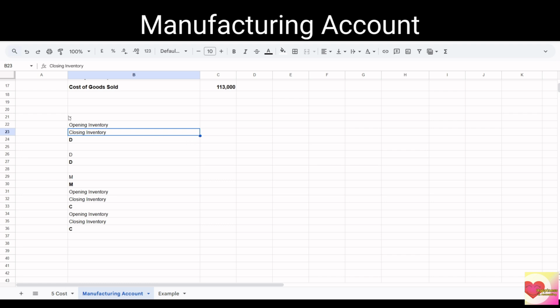Now that we understand the manufacturing account, it will be easier to identify and arrange these subtotals in order. These two D's here stand for direct. M is for manufacturing. And these two C's stand for costs.